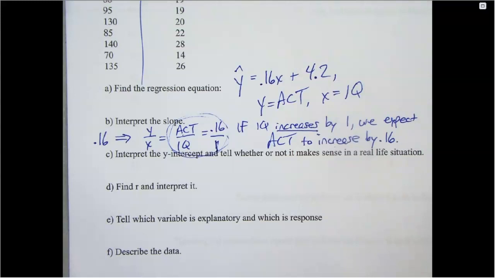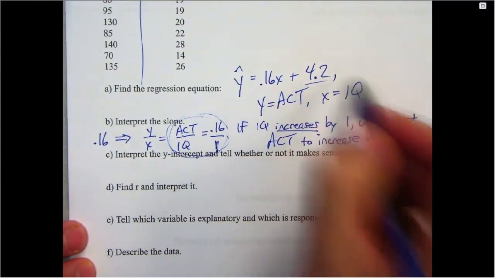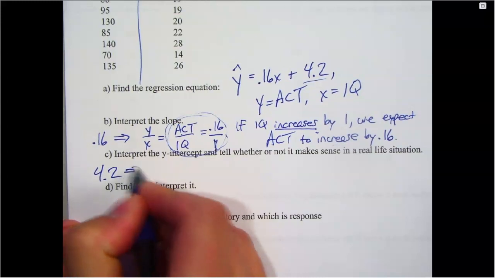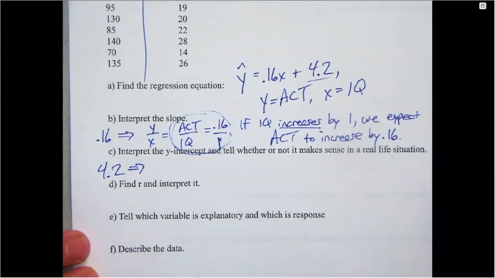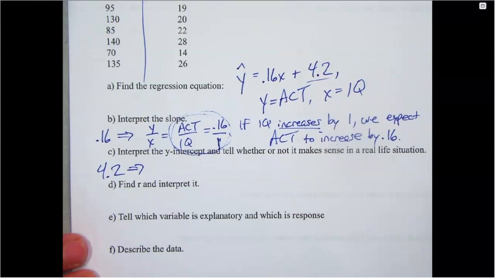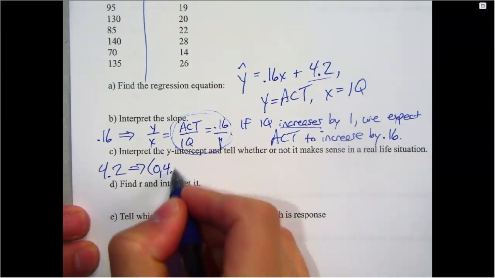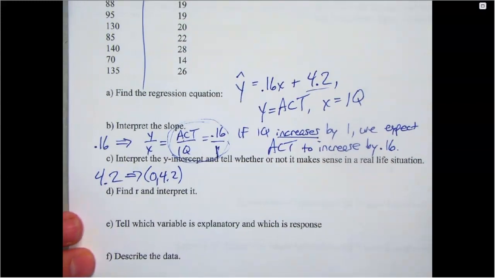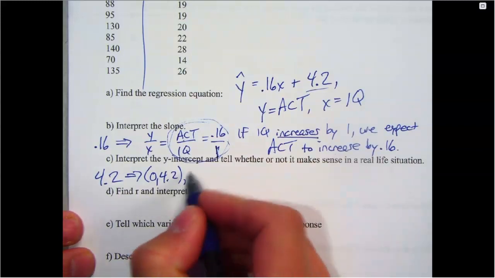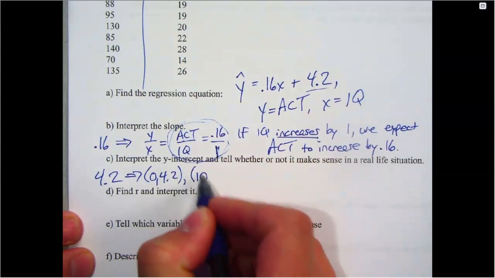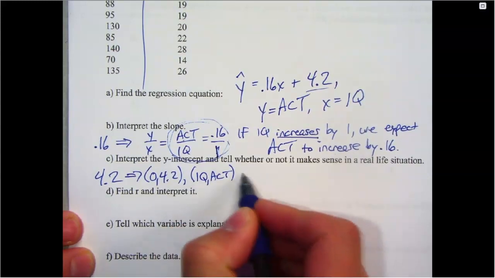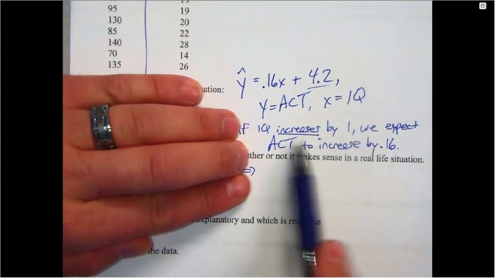So interpret the y-intercept. The y-intercept is 4.2. Remember we talked about if you're on the y-axis, what's the x value of every single point on the y-axis? 0. So you can think about this like (0, 4.2). And we also know it's IQ, ACT. Really all I need is this sentence.